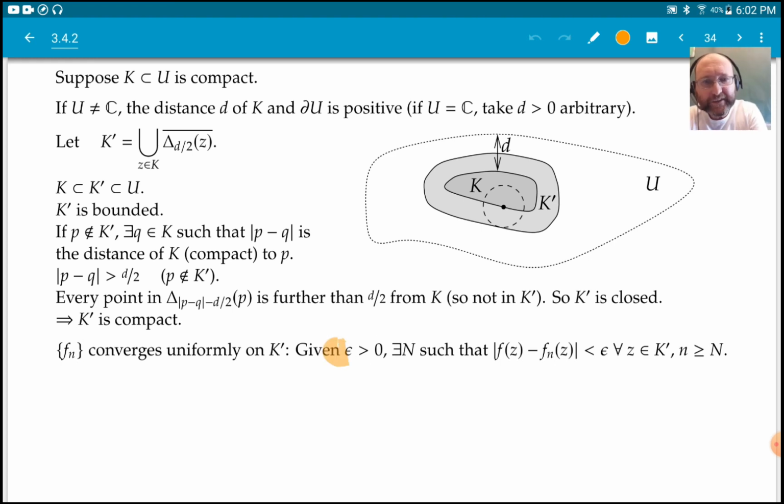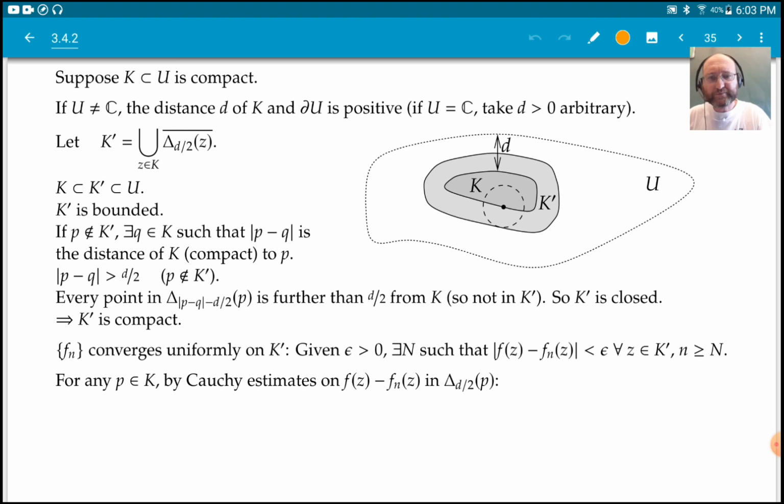So given any positive epsilon, there exists a capital N such that for all little n bigger than capital N, and all z in that compact subset K prime, we have that the difference between f and f sub n is less than epsilon, right? I mean, this is the definition of uniform convergence, right?